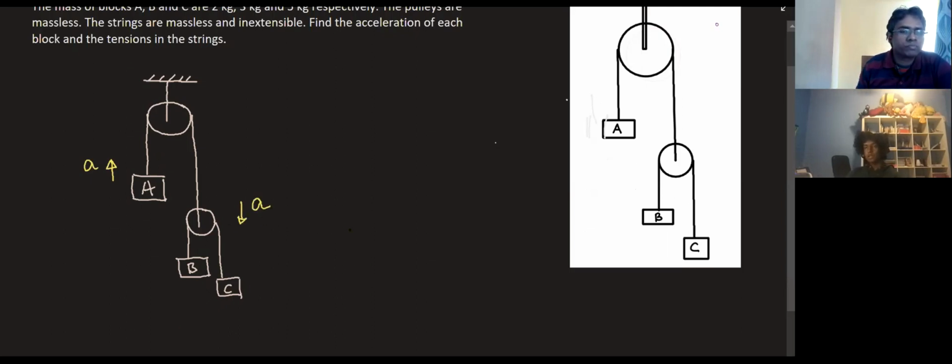I think that is okay. Now suppose this A acceleration is relative to a ground person.